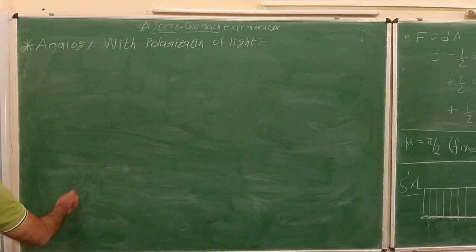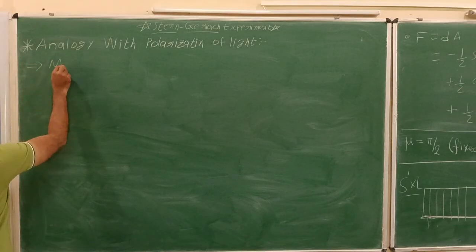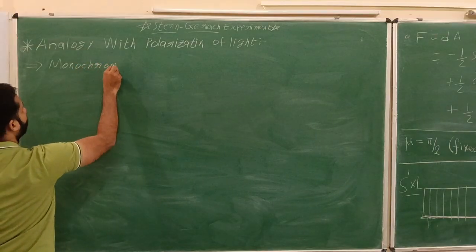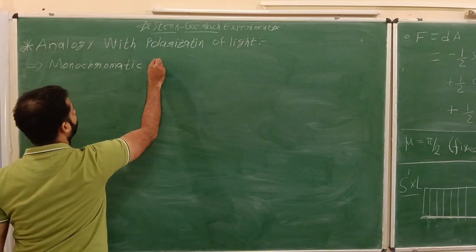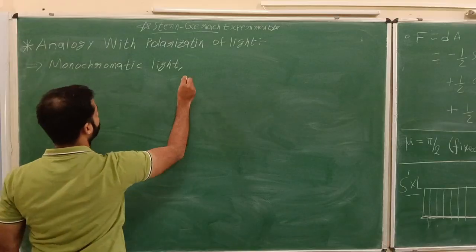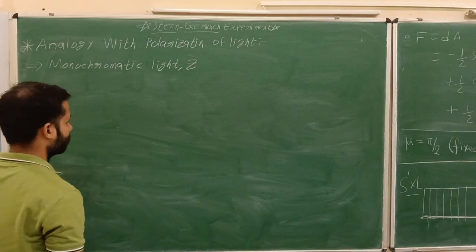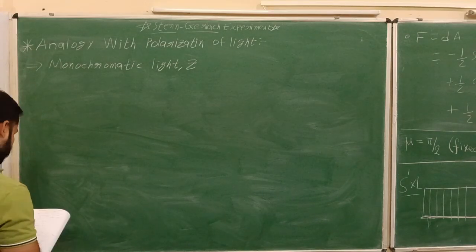So consider monochromatic light moving in the z direction and polarized in a certain direction, let's say x or y.